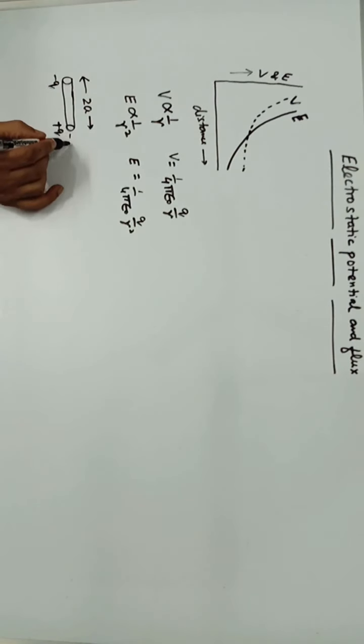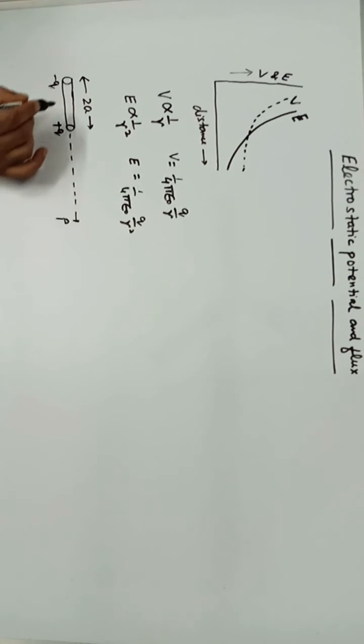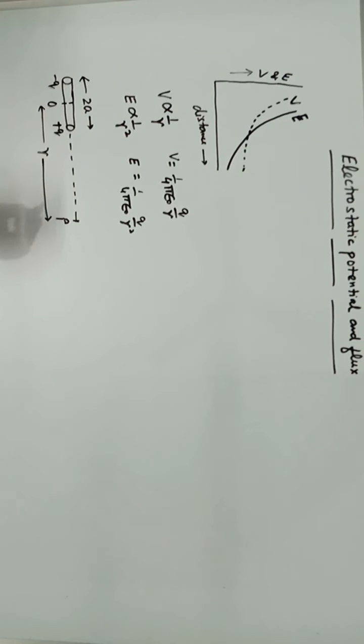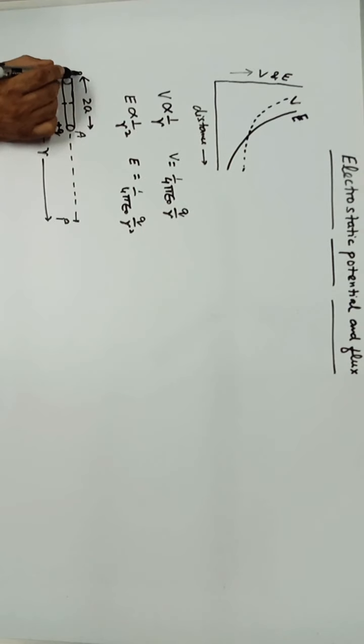On the axial line of the dipole, there is a point P, distance r from O, where we have to calculate the electrostatic potential. This is A and this one is B.